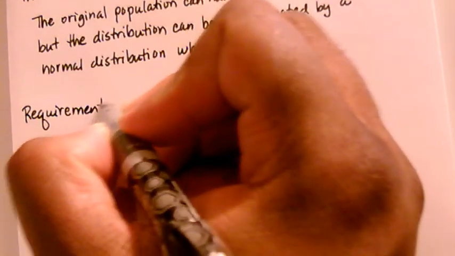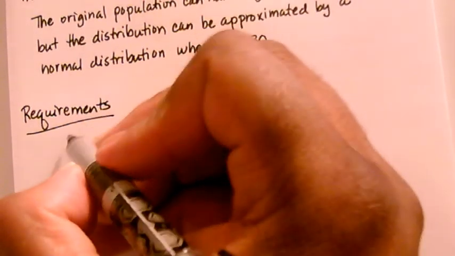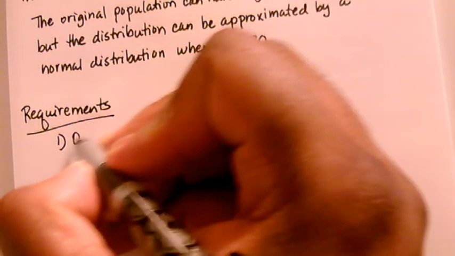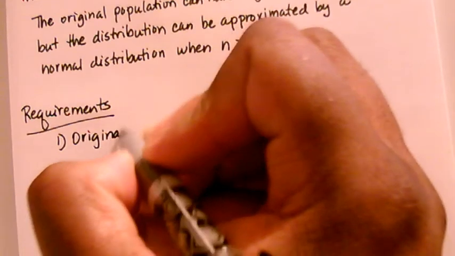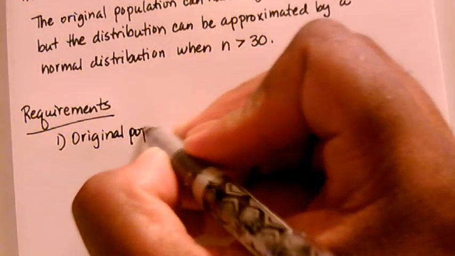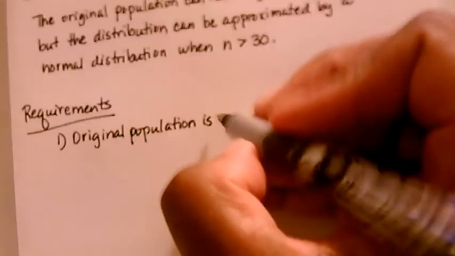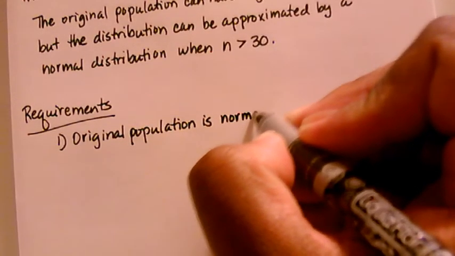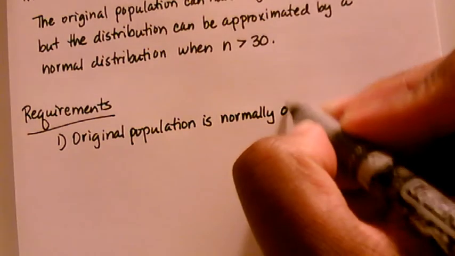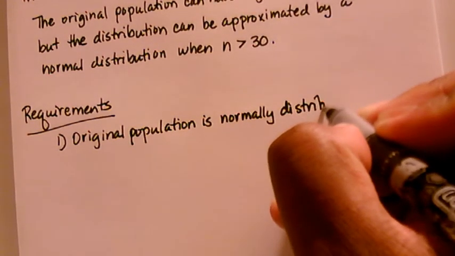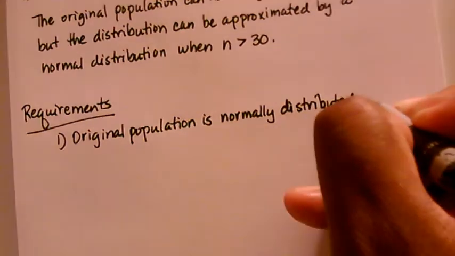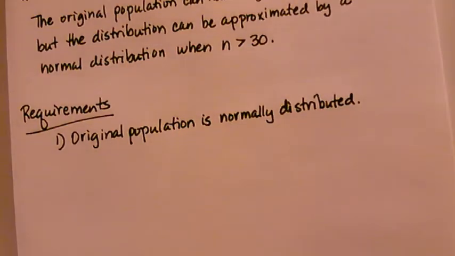If you plan on using the central limit theorem, one is this: the original population must be normally distributed, and that's regardless of the sample size. Okay? Because you have to be told that your original population is normally distributed.